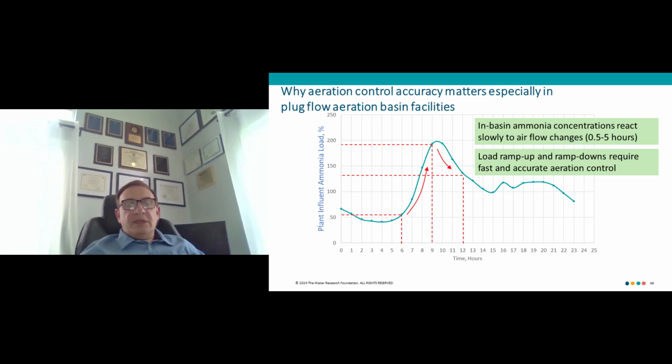As you know, and Natalie discussed that, in the basin, ammonia concentration reacts very slowly to airflow changes. At the same time, the incoming ammonia load almost quadrupled within just 3 hours.